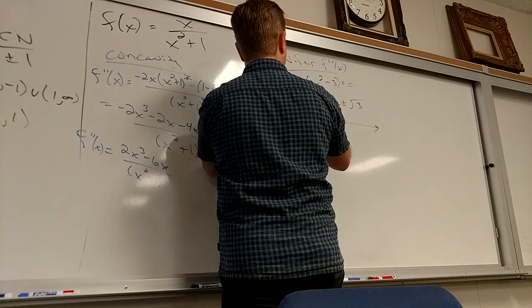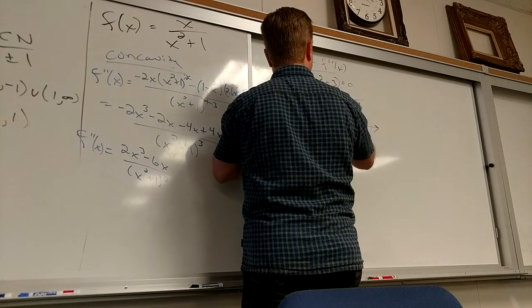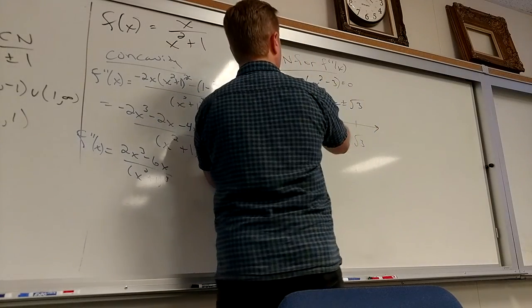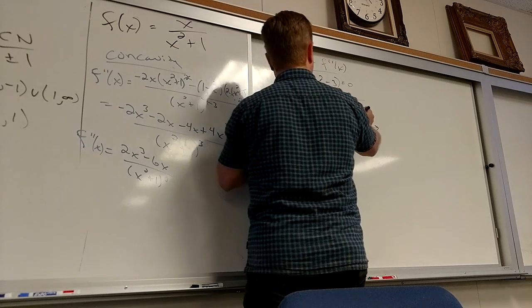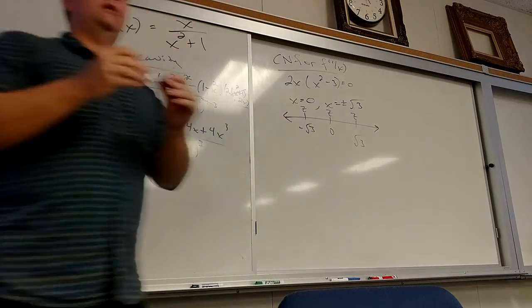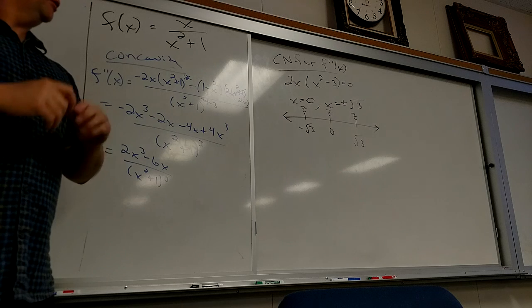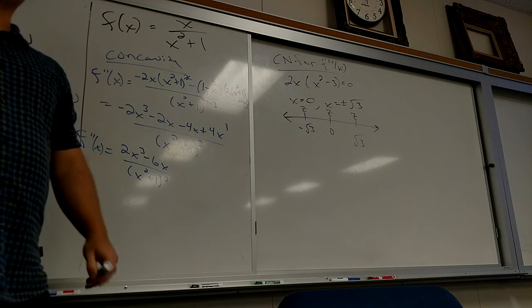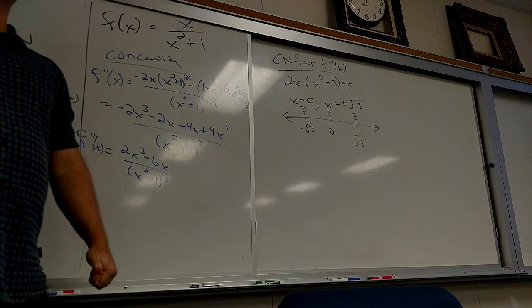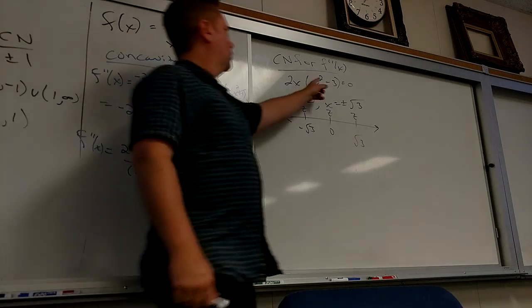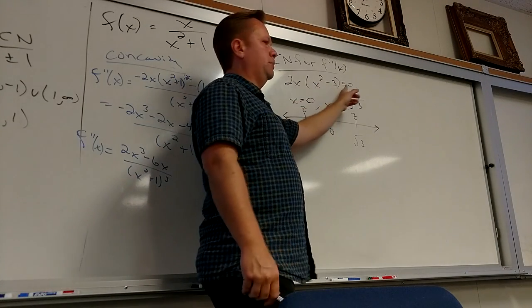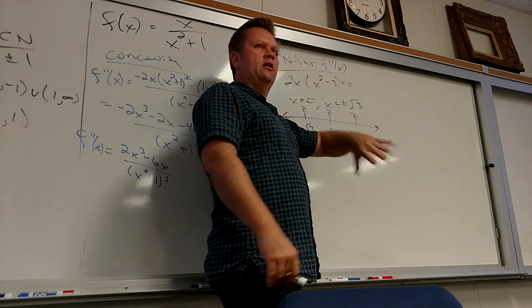Got my negative rad 3, and got my positive rad 3, and got my, oh, zero's been taken. Hate that. Oh well. What are my multiplicities? Any even multiplicities? I break this up into x minus rad 3, x plus rad 3.